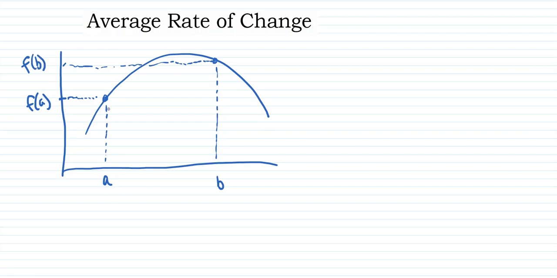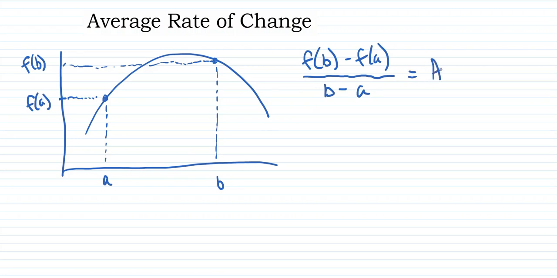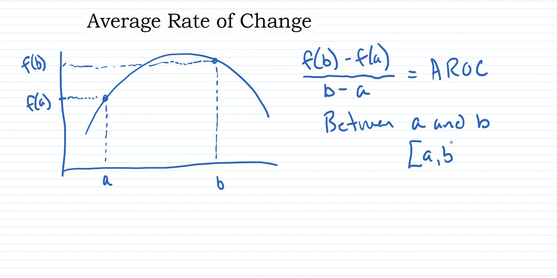So we have point A and its function value f of A, point B and its function value f of B. Now, if we take the difference between the two function values, f of B minus f of A, and then we divide that by the difference between A and B, we have what is referred to as the average rate of change between these 2 points, which I'm going to abbreviate AROC, the average rate of change between A and B, which we will quite often just put using interval notation A comma B with brackets.